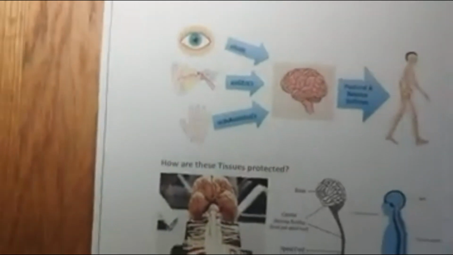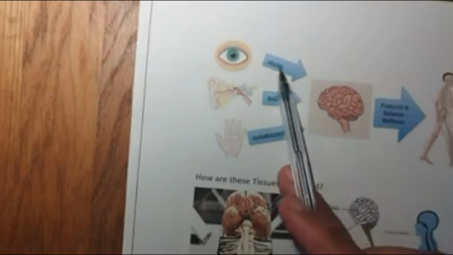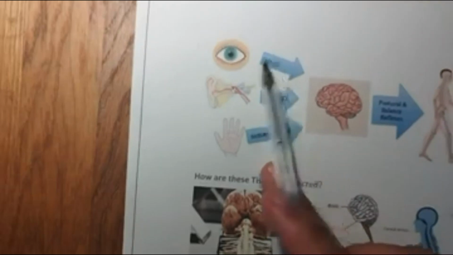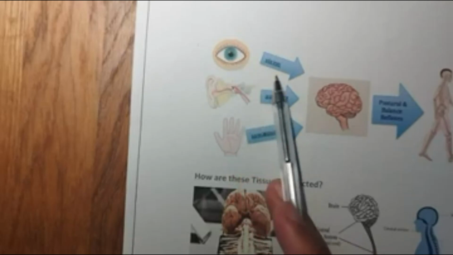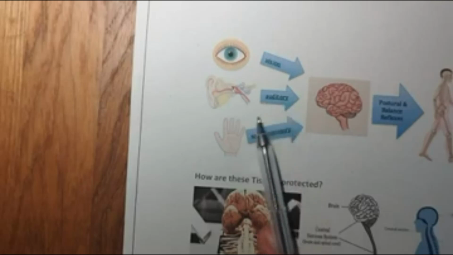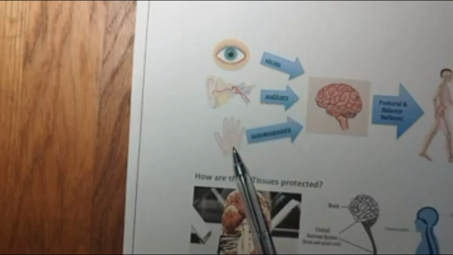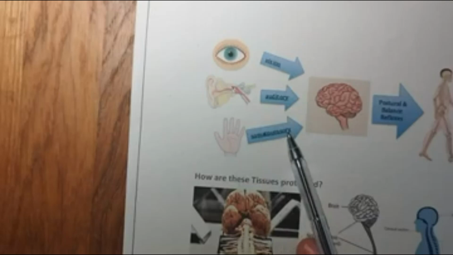Okay, so we'll have a look at how the cerebellum control works. The information from the periphery, such as through the eye, vision, through the ears, auditory input, or through the skin, muscle, and joints, you get somatosensory input.